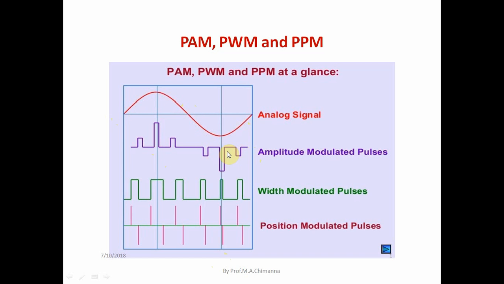Then amplitude modulated pulses, then pulse width modulated pulses: once your amplitude varies, the width of each pulse varies according to that. And for position modulated pulses, either it increases or decreases, the position of each pulse changes with respect to the information bearing signal.